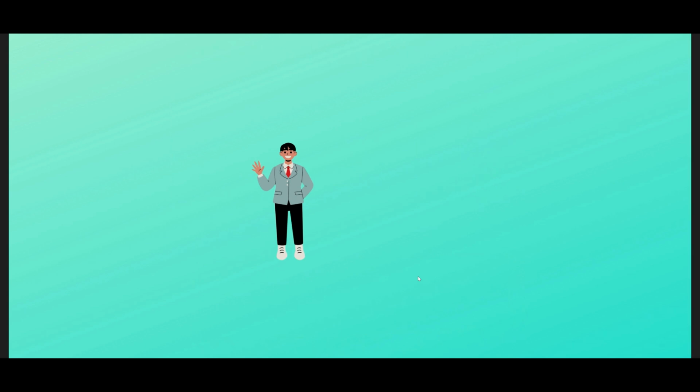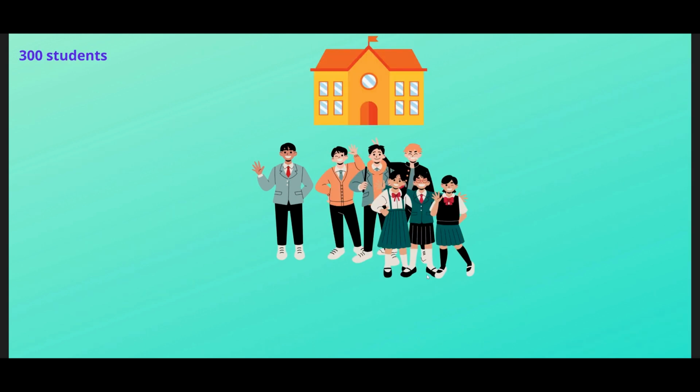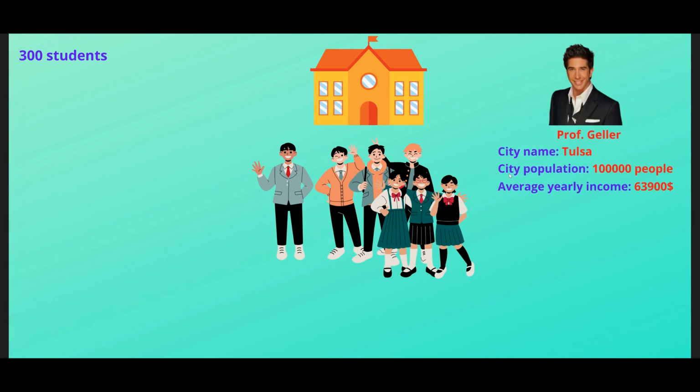Imagine that you are a student attending a math class with 300 other students, and your professor tells you that you live in a city with 100,000 people and the average yearly income of them is around $64,000, okay?